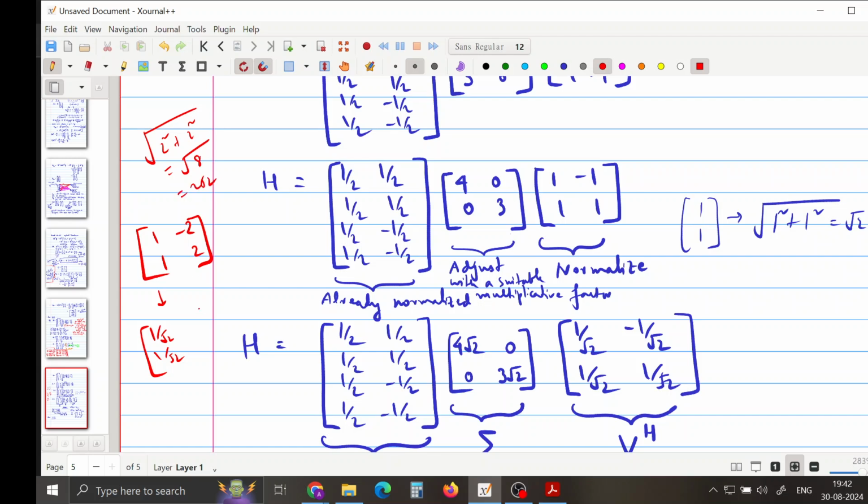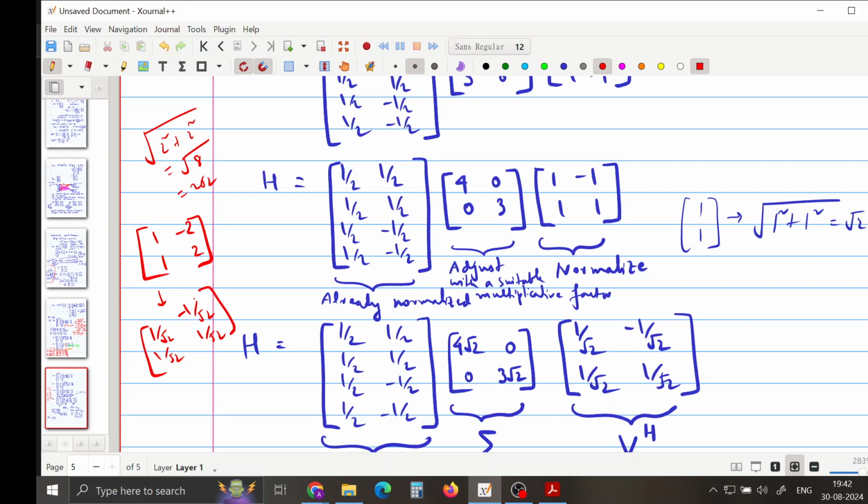So you divide by 2 root 2, which gives 1 by root 2. I'm just writing directly. If you normalize that, you have to accordingly adjust the other matrices, so that the product remains unchanged. So let's check.